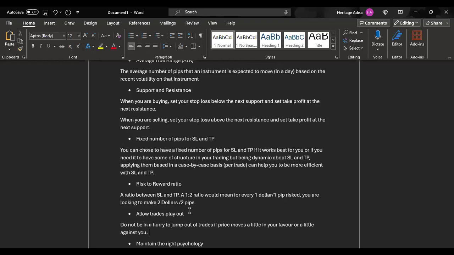If you've managed your risks properly, you already know the total number of pips you're willing to risk. If I'm wrong on this trade, this is the exact amount I'm going to lose in the market. If I already have that information, I can easily allow the market to move because I know the worst possible outcome and I've accepted it. So you should also consider that.